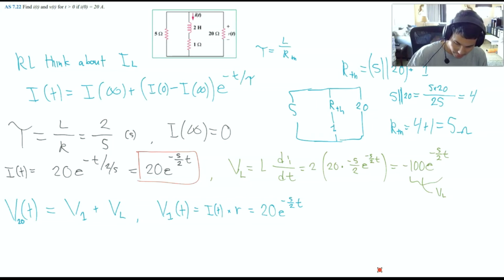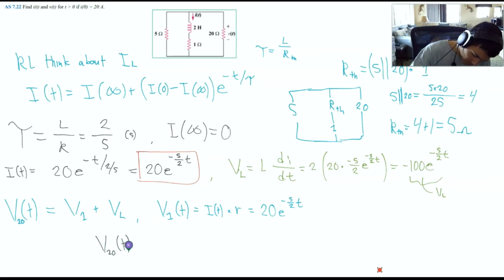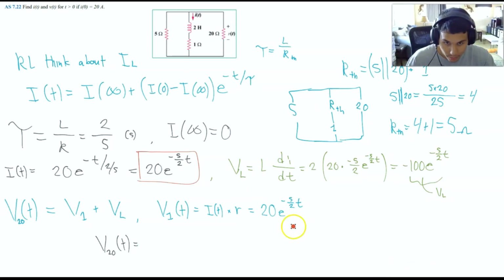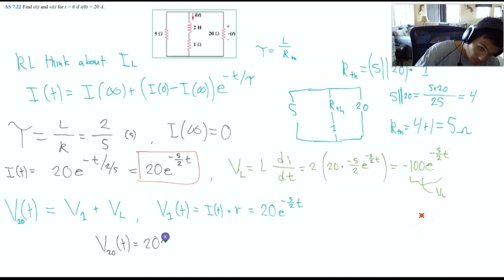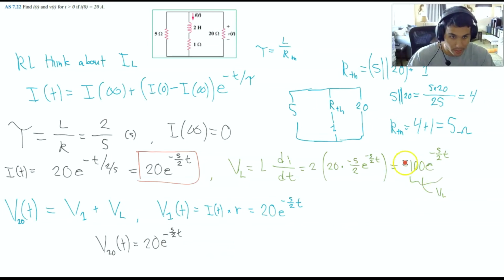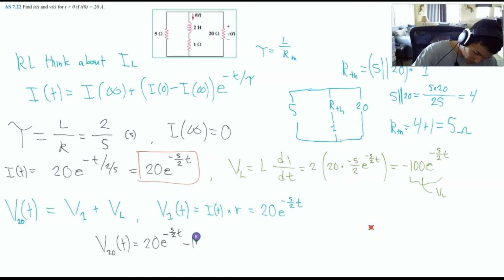Let's do this in black. So V20 of t is equal to this one plus this. So 20 e to the negative 5 over 2 t plus. Now it is a plus, but there's a minus here, so I'll just write minus 100 e to the negative 5 over 2 t.